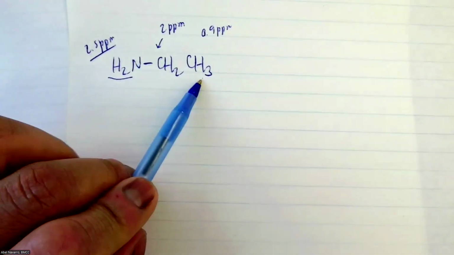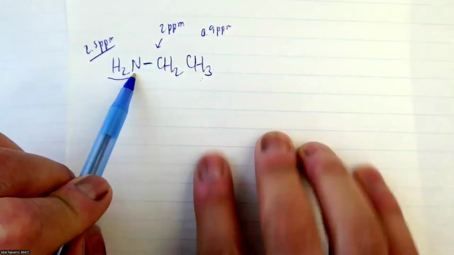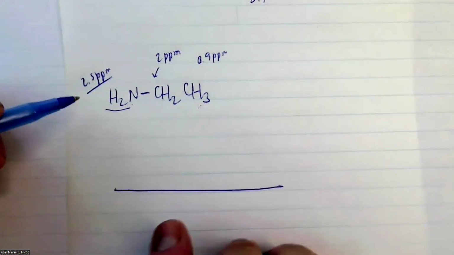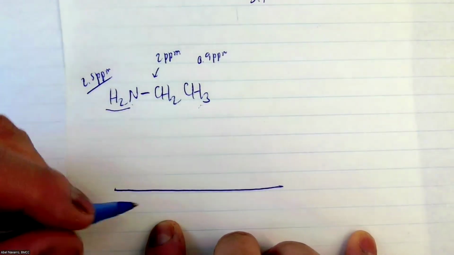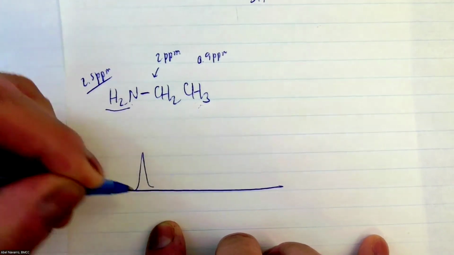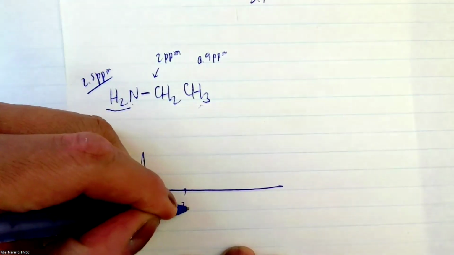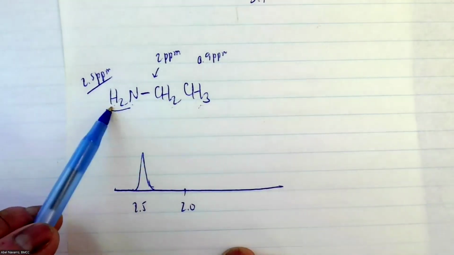Why 0.9? Because it's not right next to the nitrogen. So this NH2 would be this, 2.5. This one is going to be a 2, about the same height.